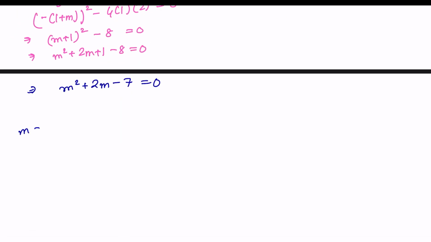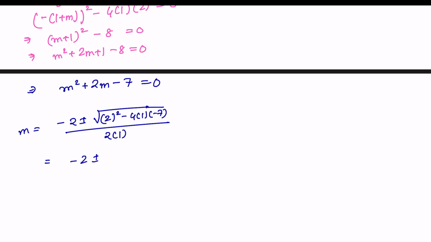So m would be minus b plus or minus root under b squared minus 4ac divided by 2a. Minus 2 plus or minus root. Inside the bracket, I'll get 32. 4 plus 28, 32, I can write it as 4 root 2.